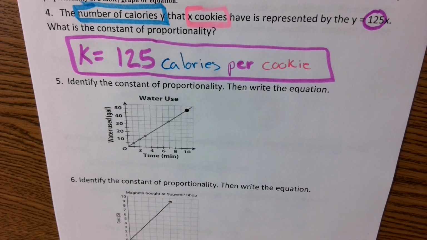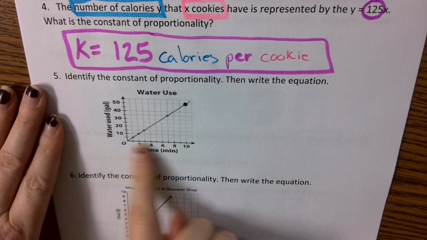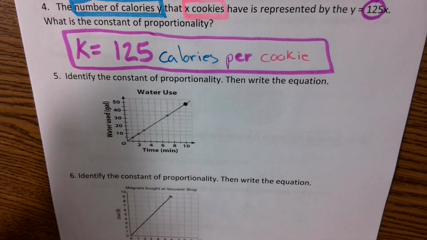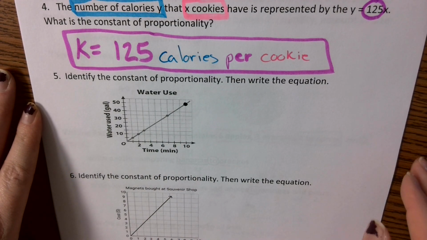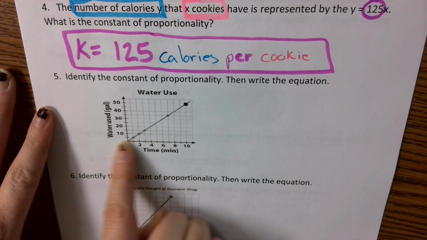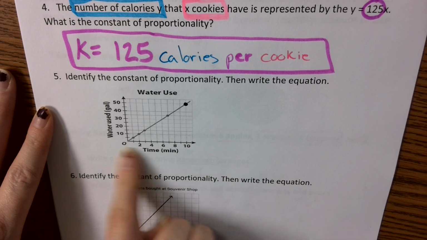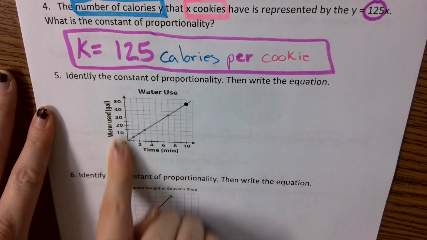Now, who remembers when we're looking at a grid, which axis is going to be x? Is it going to be the horizontal axis that goes left and right? Or is it going to be the vertical axis that goes up and down?